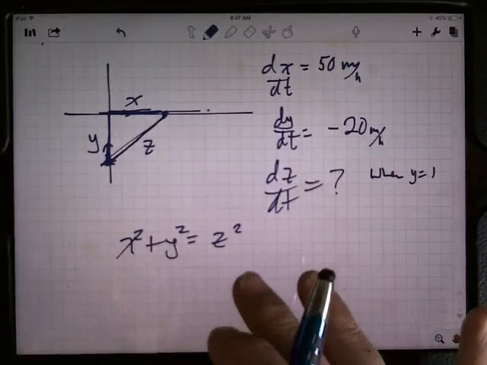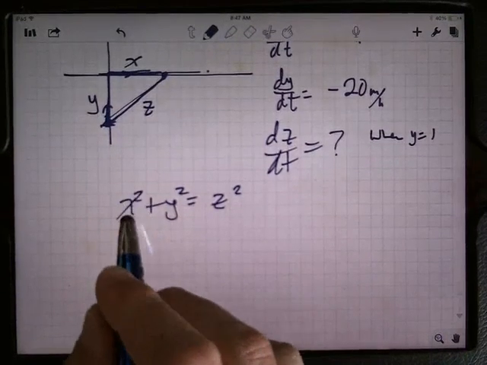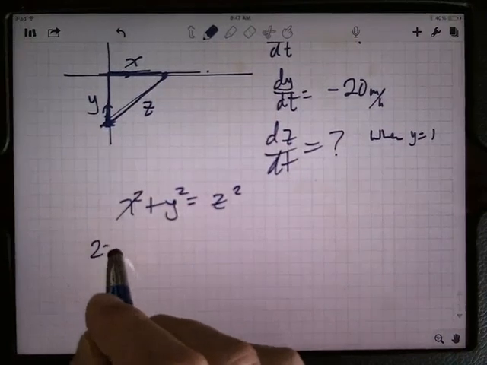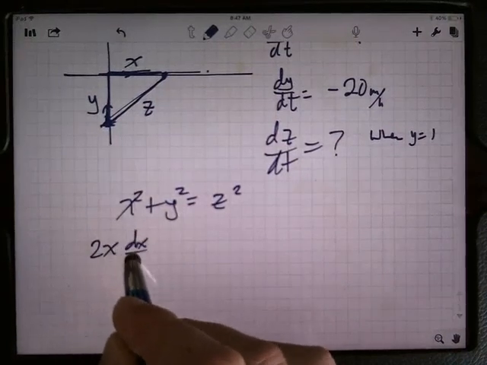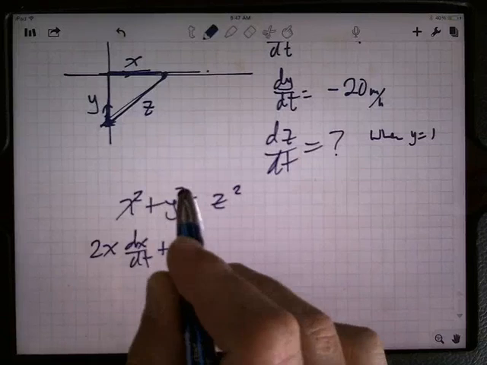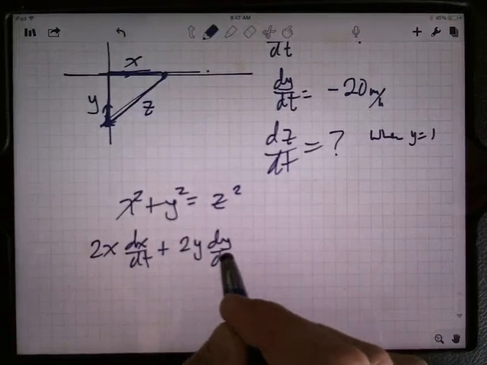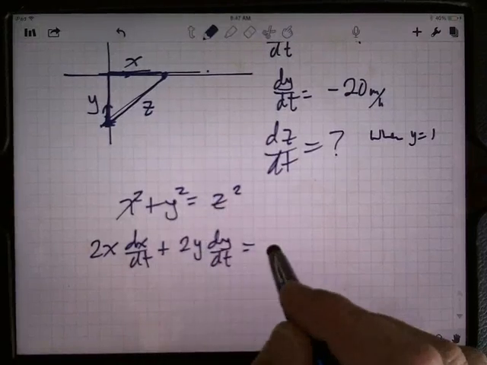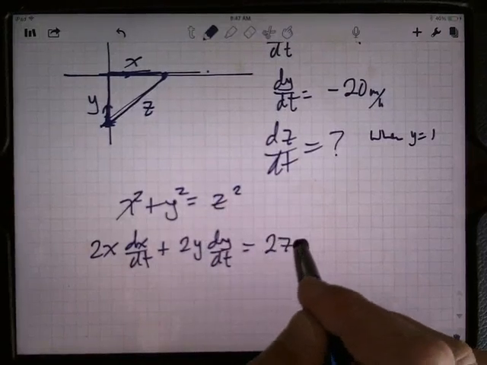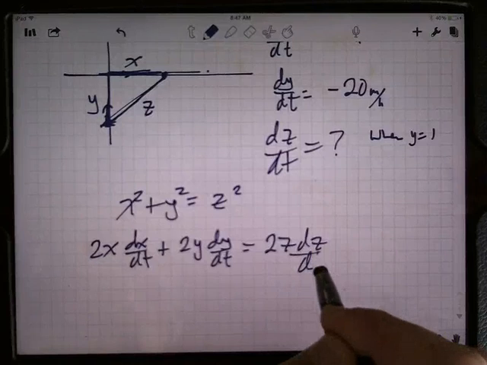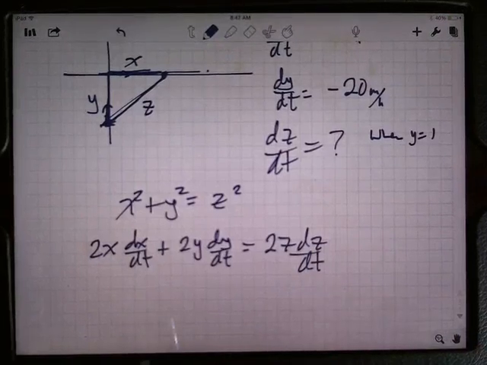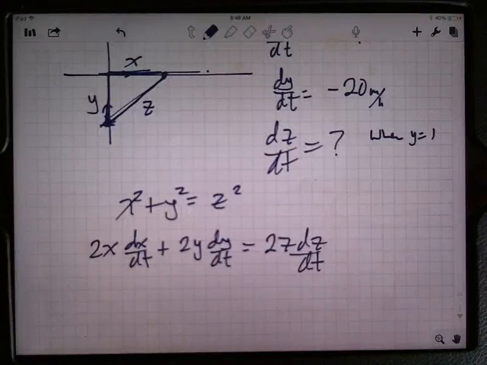So implicitly differentiating with respect to t, the derivative of x squared is 2x times dx/dt, plus the derivative of y squared, which is 2y times dy/dt, equals the derivative of z squared, which is 2z dz/dt. Now I have a relationship between the rates dx/dt, dy/dt, and dz/dt.